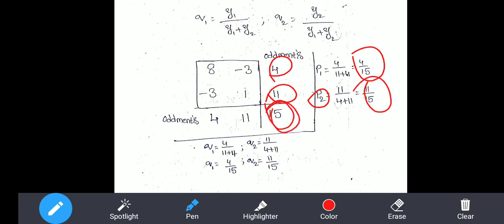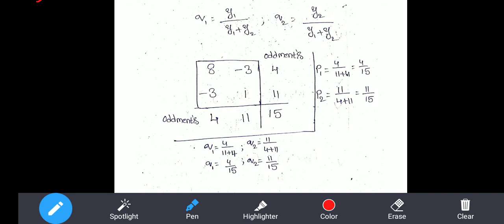In the same way for Q1 as well as Q2: Q1 indicates the probability of player B's strategy B1, 4 divided by 15, and Q2 is 11 divided by 15.